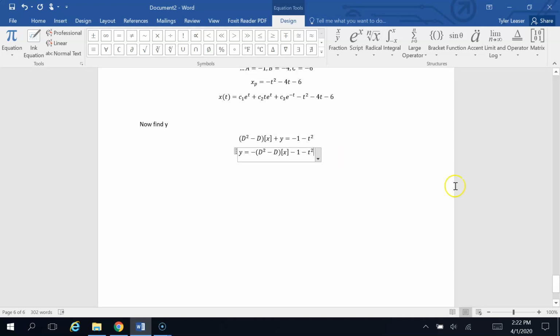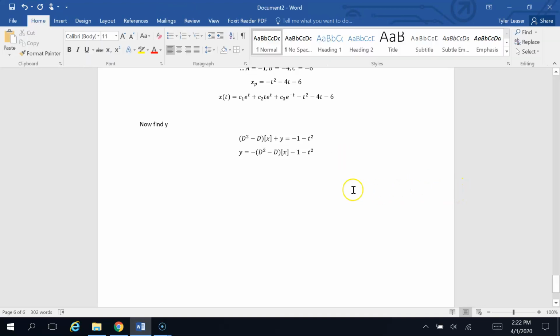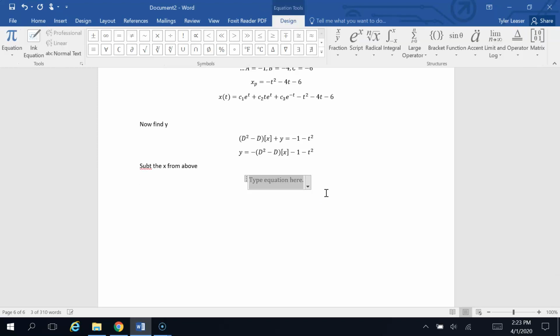Okay. Now we just plug it in, right? So we have our solution x here. We're going to have to take the second derivative and the first derivative of it to plug it in, but you just plug it in at this point. So now we're going to substitute the x from above. I'm going to dot this one as well because it's kind of obnoxious, but just know that y is going to come out to be this.